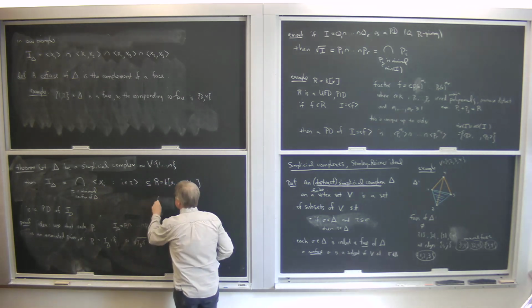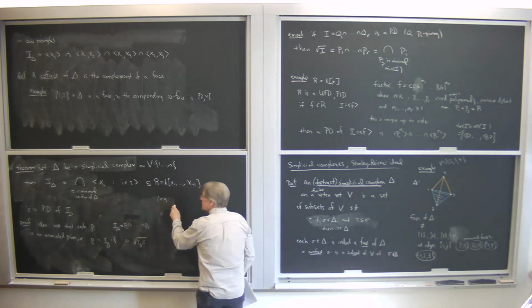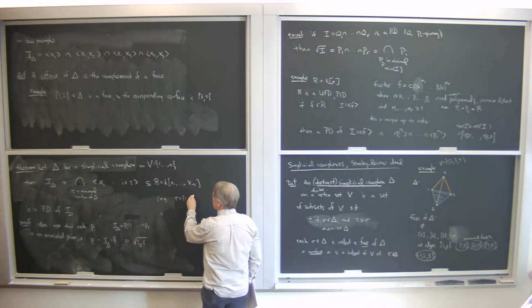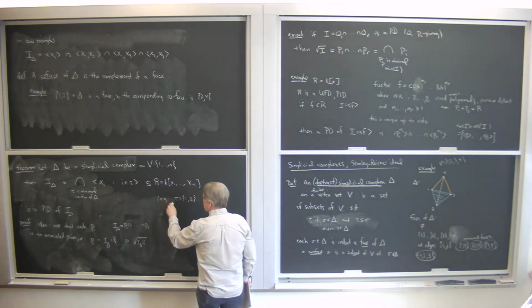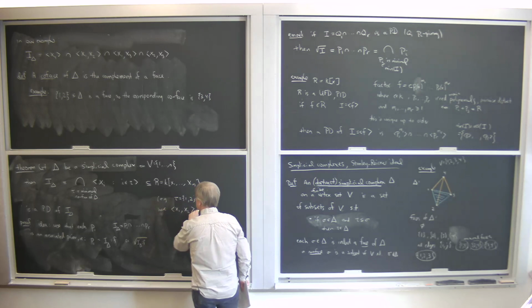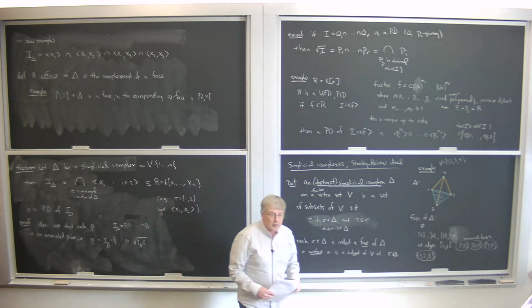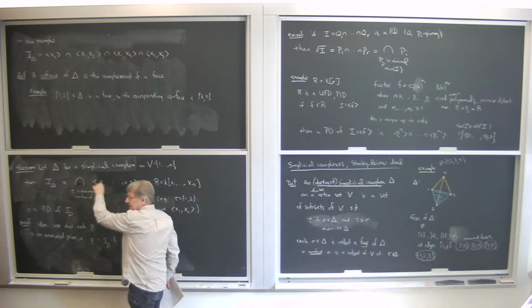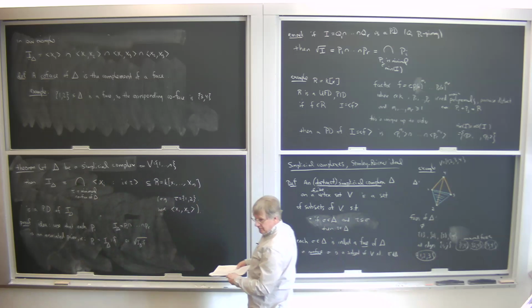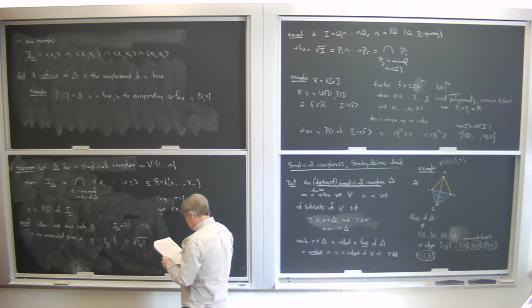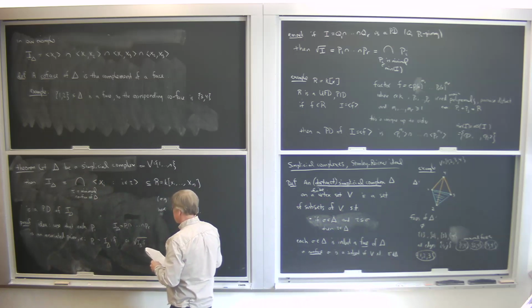For instance, if tau is equal to the set 1, 2, this ideal would be the ideal x1, x2, not x1 times x2. Otherwise I would have had to put the product of xi for i in tau, which is actually something else we will do.